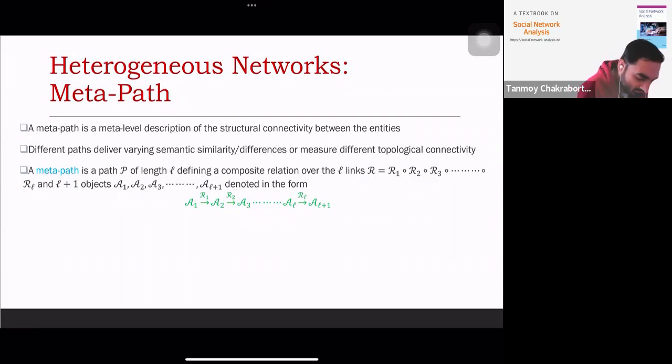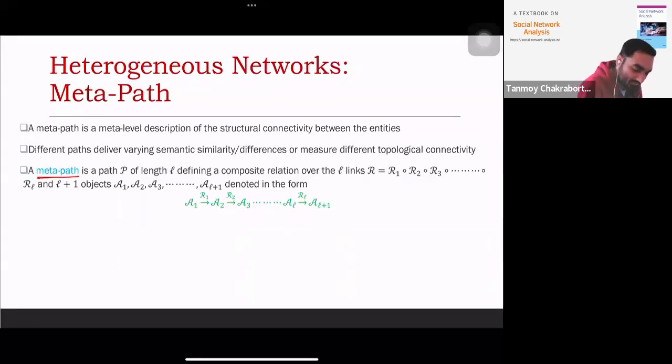Now I define a very novel concept called metapath. What is a metapath? A metapath is a path in the network schema graph which connects two different node types via certain relations.